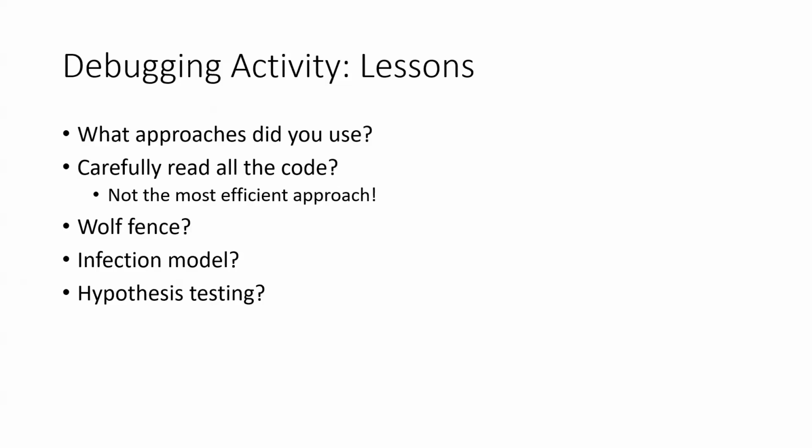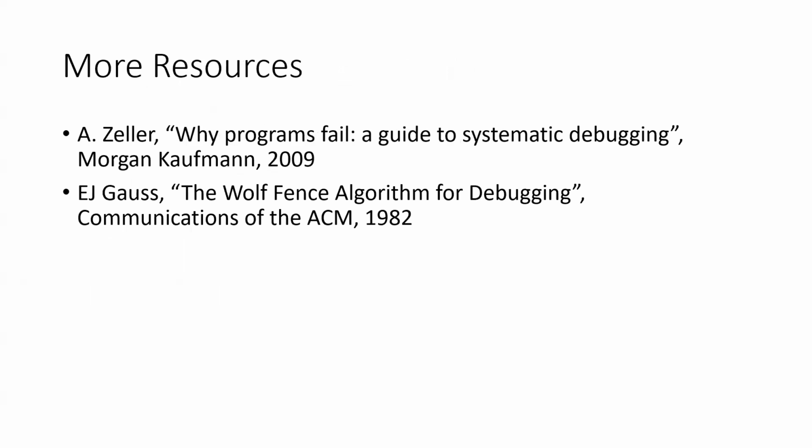We're seeing something, we're making a hypothesis, and we are verifying that. There are more resources on systematic debugging and wolf fence, and I hope this tutorial helps in your debugging for milestone 1.